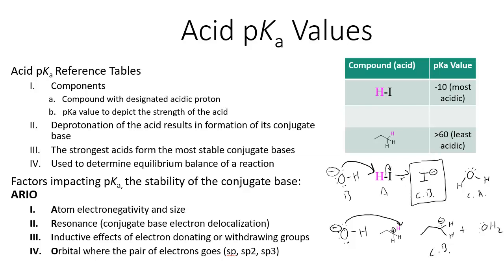Now looking at this conjugate base, this is a very strong base, so this is about as unstable as you can get. Looking at the pKa values of the original acid that we used, we've got a pKa value of about 60, and with water, our conjugate acid, the pKa value of that is about 15.7.